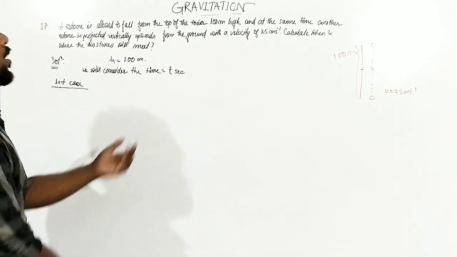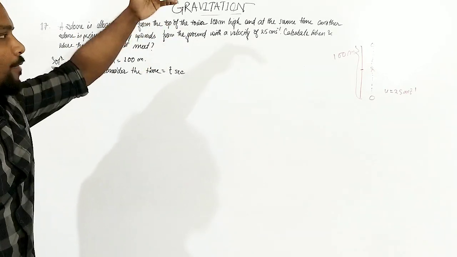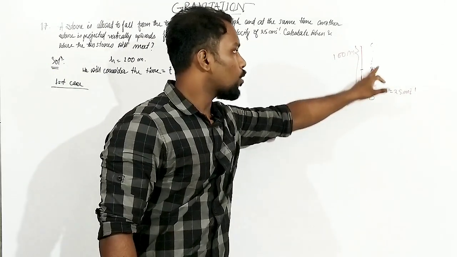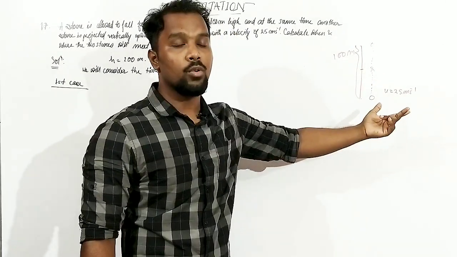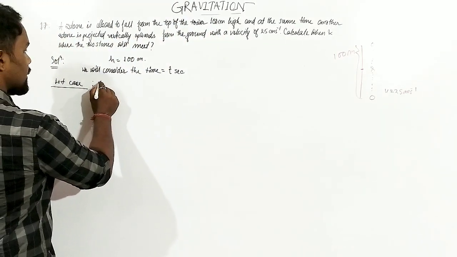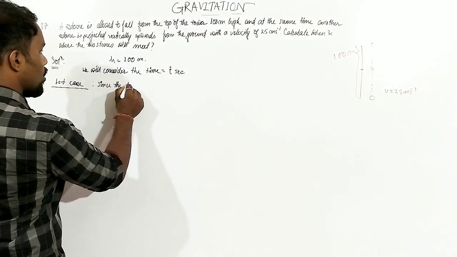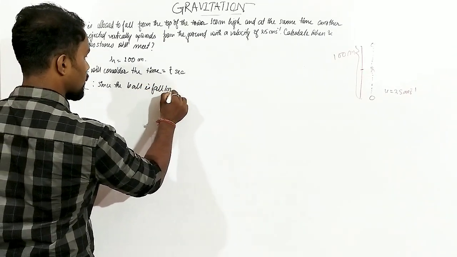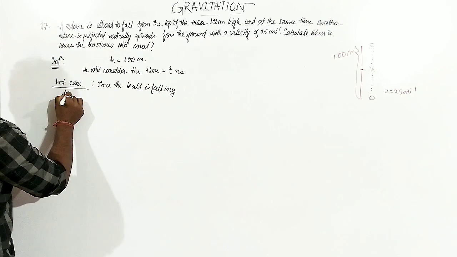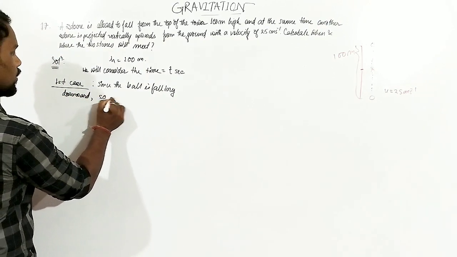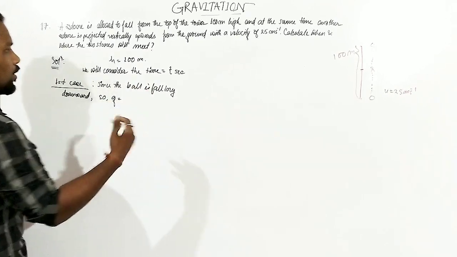The ball is falling downward, so what is the value of g going to be? Positive. Since the ball is falling downward, g is what? Simply we'll write it as what?